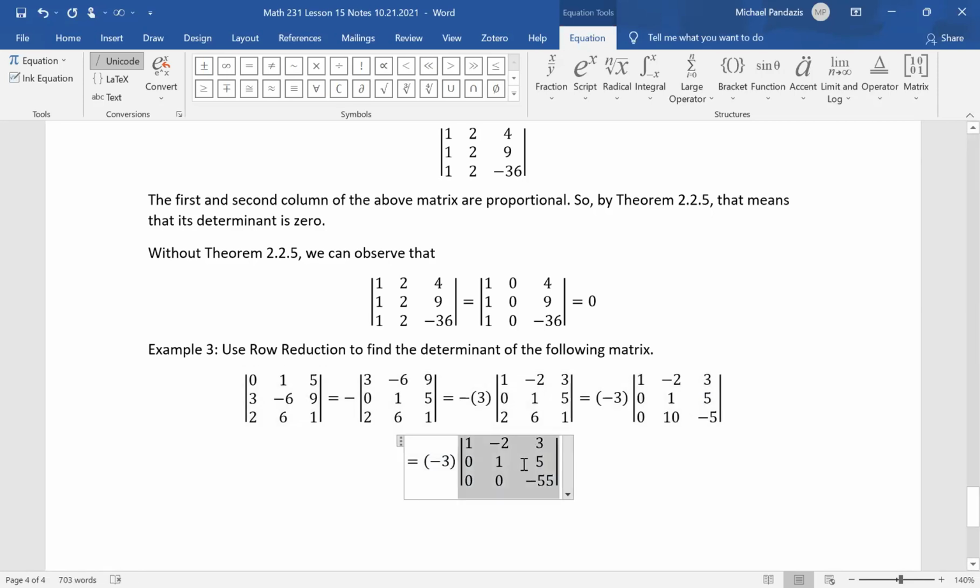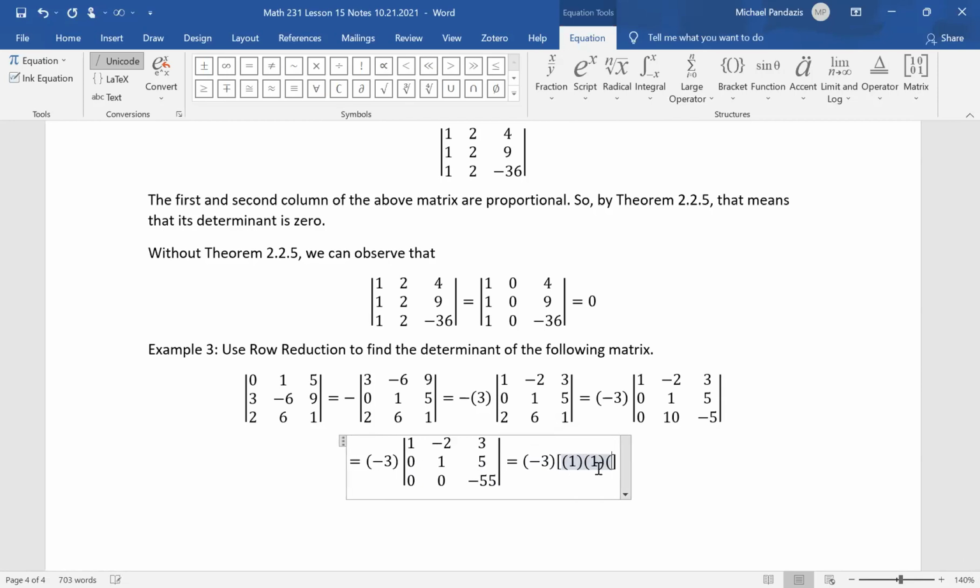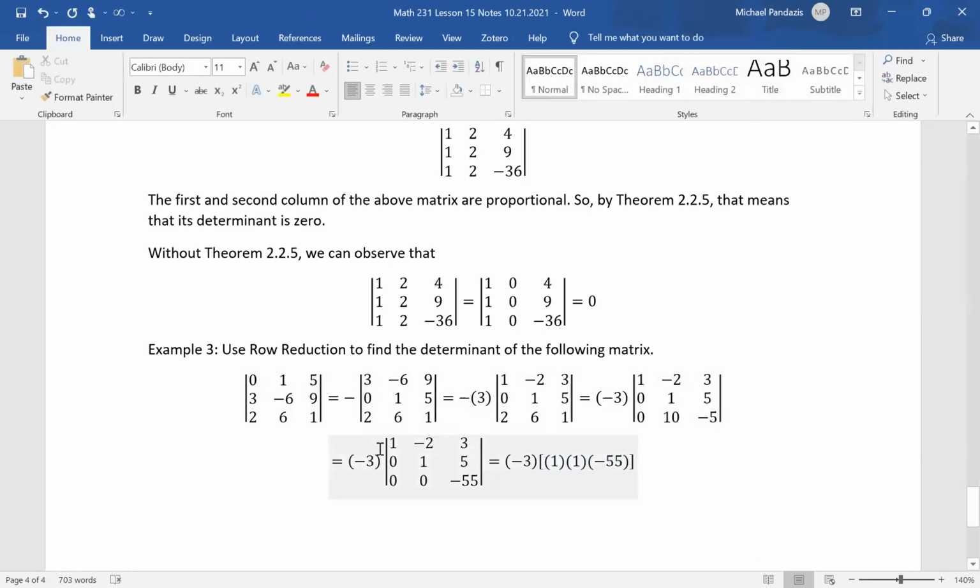But now this is an upper triangular matrix, which means that its determinant is equal to the product of the entries on its main diagonal. So this is equal to -3 times the product of the entries on its main diagonal. I'm going to put in a bracket just so that you can see where these numbers come from. So this is the determinant of that matrix, 1 times 1 times -55.